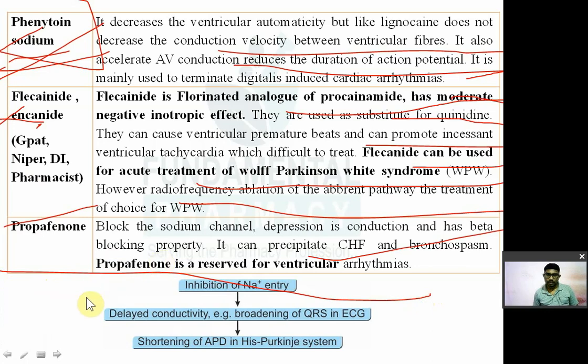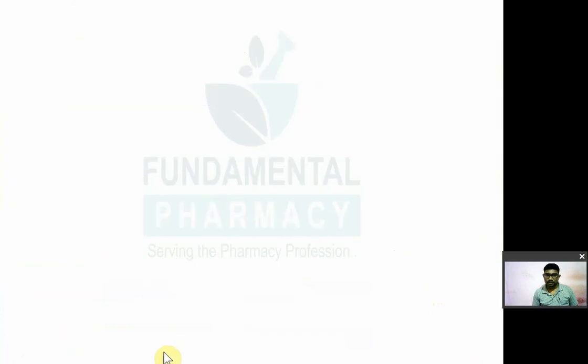It will also delay the conduction, delay the conductivity. Conduction velocity will decrease. That's why it causes broadening of the QRS complex in the ECG. It also causes shortening of action potential duration in the Purkinje fiber, and that's why it acts as an anti-arrhythmic.